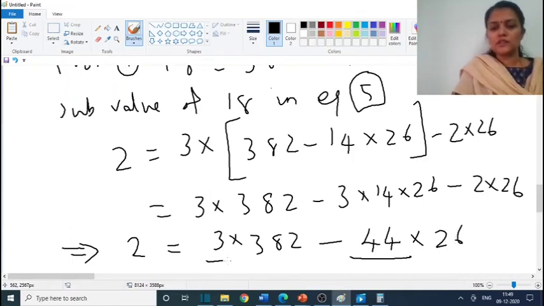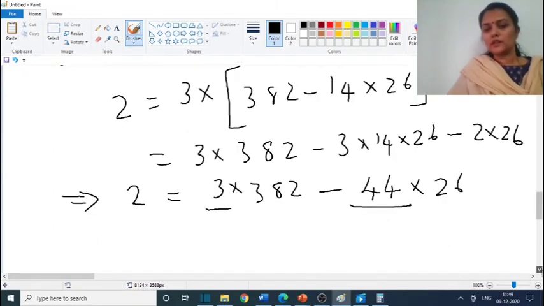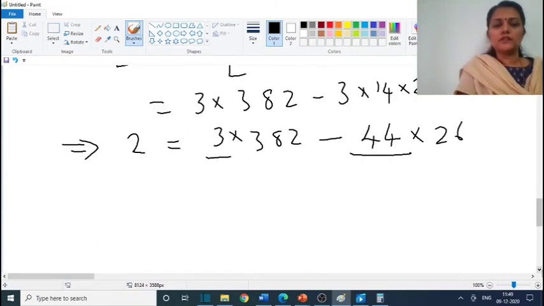So this is the expression of the GCD 2 as a linear combination of 382 and 26.